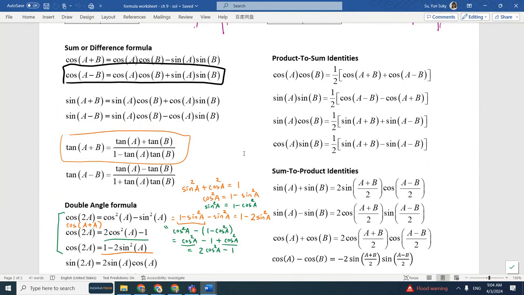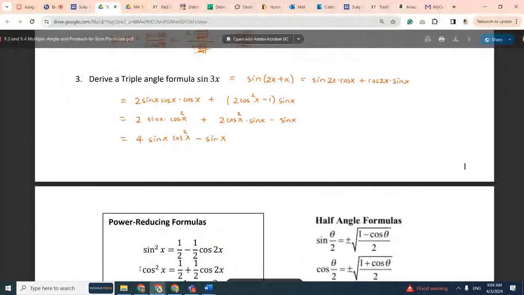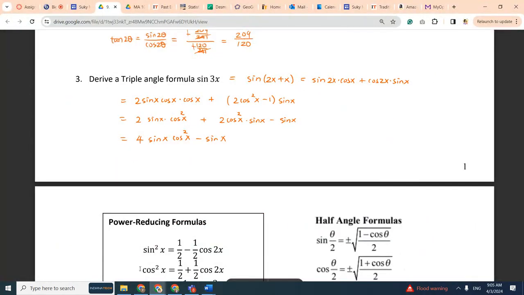You let a be 2x and b be x. That's why you get sine 2x cosine x plus cosine 2x sine x. Is that okay, everybody? We plug in the formula.